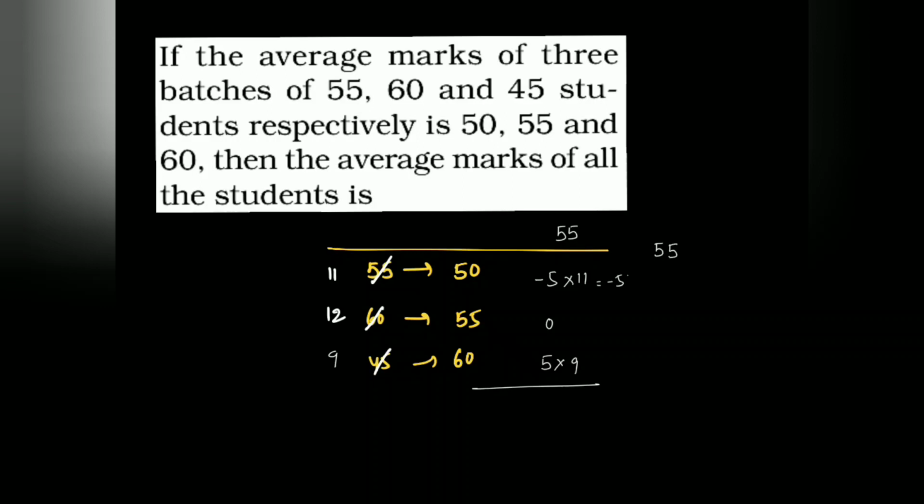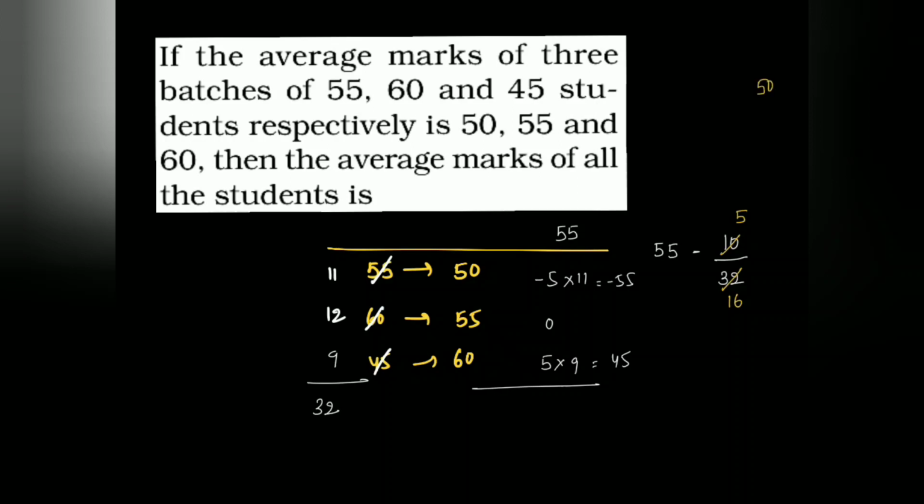This is minus 55. This becomes 45. Therefore minus 10 divided by the number of observations. So it's going to be 32 here, divided by 32. So find out what is 10 by 32. Cancel it, 5 by 16.